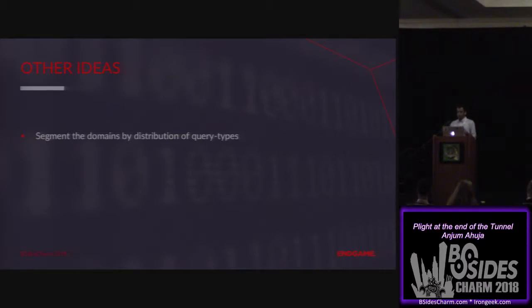So to look at it differently, I started segmenting the data, the domains, by a distribution of query types. What I mean by that is, if you look at this class, half the queries are A records, 0.4 are name server, 0.1 are CNAME. That's one segment, and I would group all the domains that have those sorts of characteristics. If you start segmenting your domains in this manner, the malicious stuff stands out.